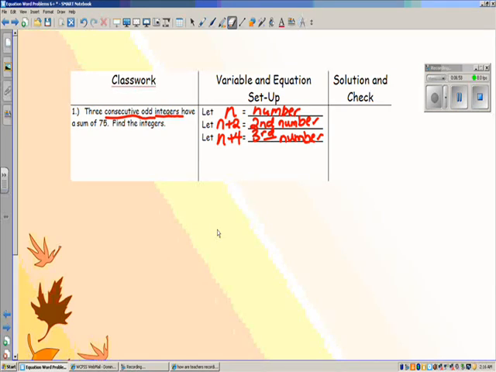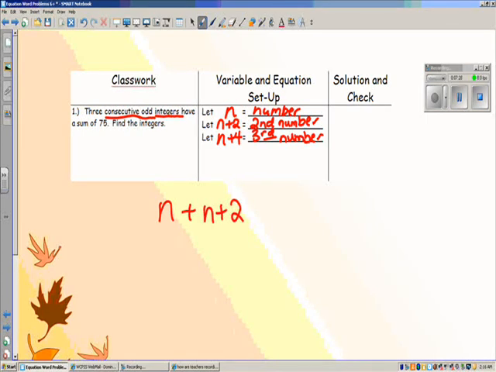Alright, so I'm going to read the problem one more time. 3 consecutive odd integers have a sum of 75. So we know that we're going to be adding these numbers together. So let's take our first number, n. Let's add it to our second number. We don't know what our second number is, so we're going to use the variable that we defined as our second number to be n plus 2.